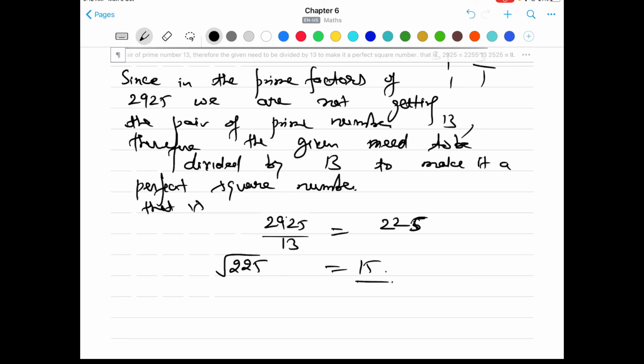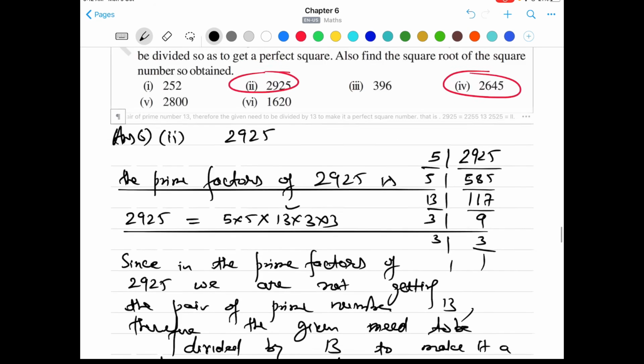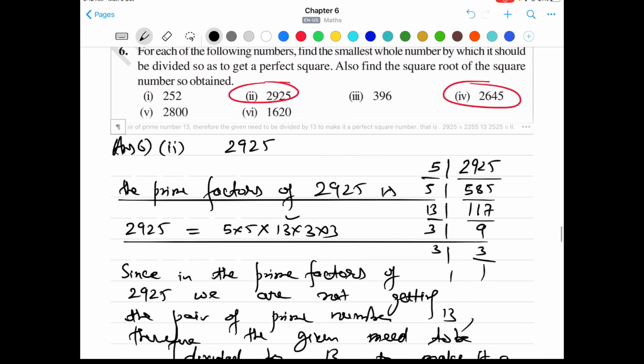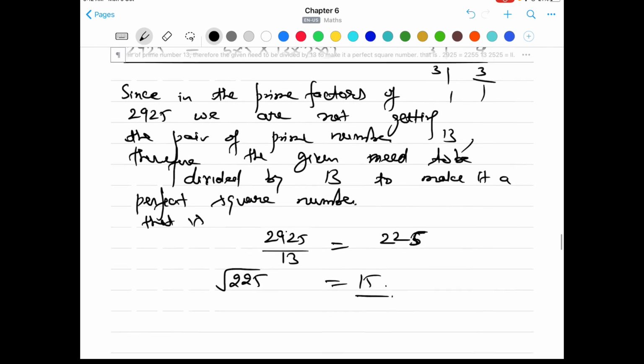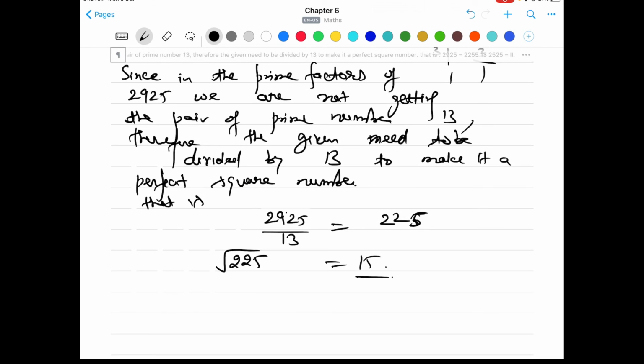That's the answer. Okay, that's how we find the square root of the number so obtained. So first you have to take the number and find the prime factors of that number. If you're not getting a pair of any of the prime numbers, that means this number is not a perfect square number. Okay, so we'll have to divide this given number by the number of which we're not getting a pair. So that number in this case is 13, so we divide this number by 13, we're getting 225, and the square root of 225 is 15. Okay, so that's the answer.